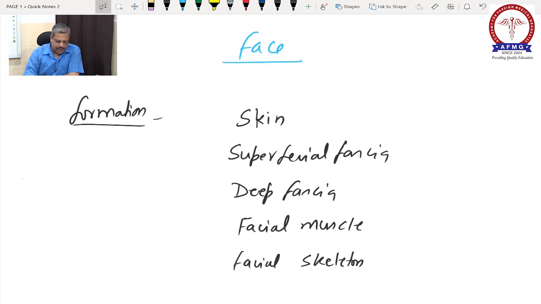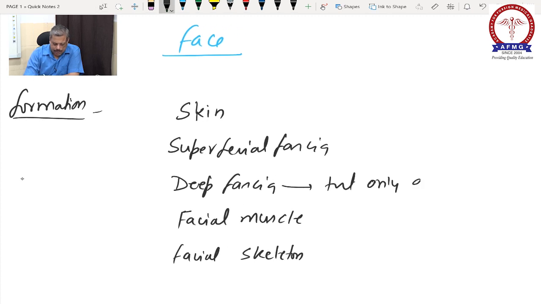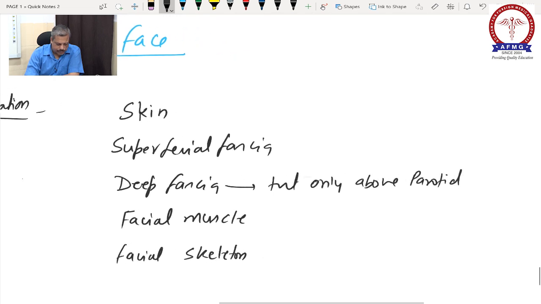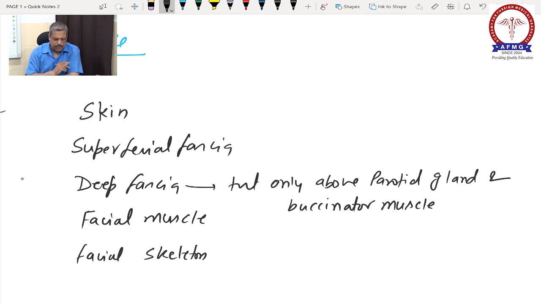What is the change here? This deep fascia is present only above parotid gland and buccinator muscle.